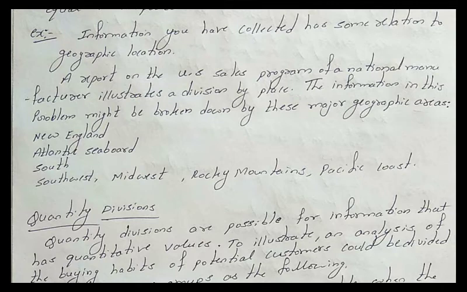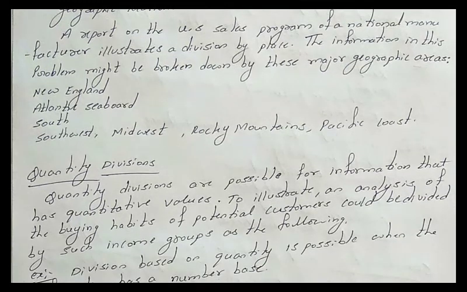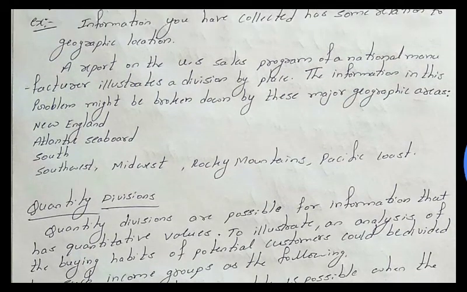Here is the US sales program, information related to sales. They have collected the information and break it down based on geographical areas: New England, Atlantic seaboard, southwest, midwest, Rocky Mountains, and Pacific coast.